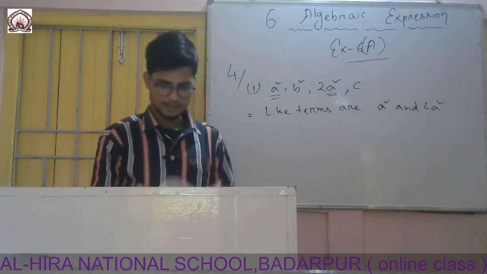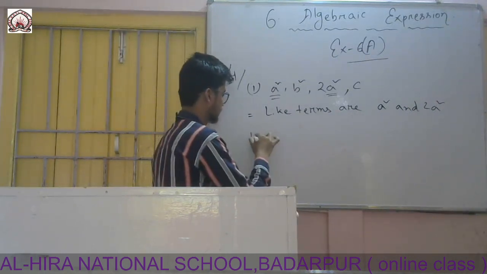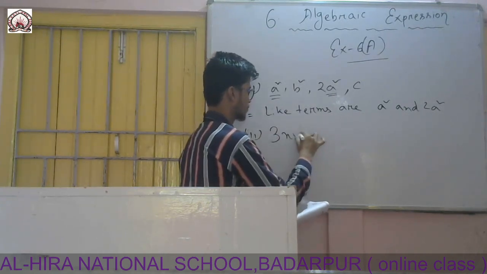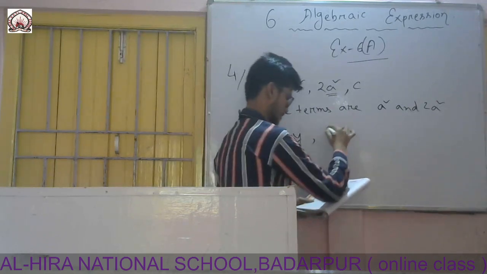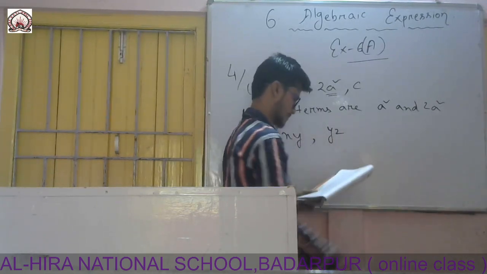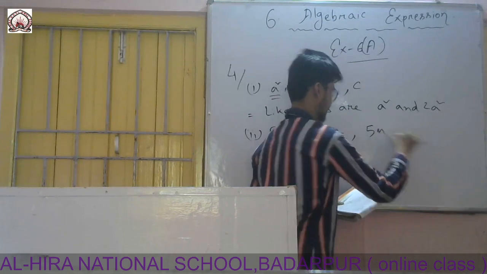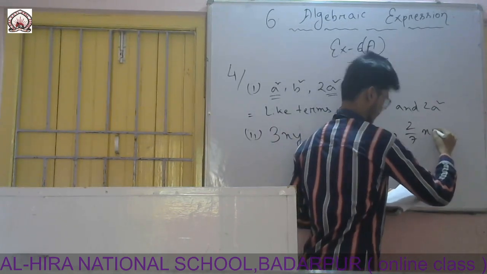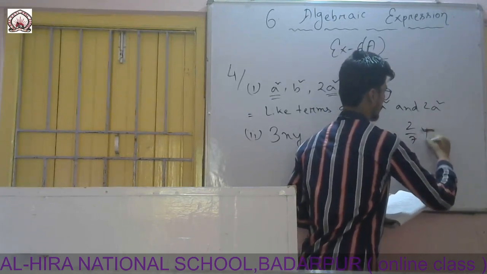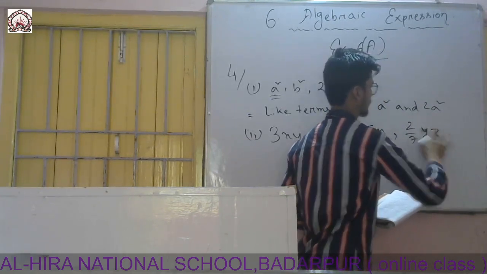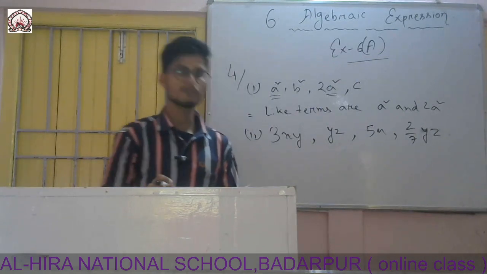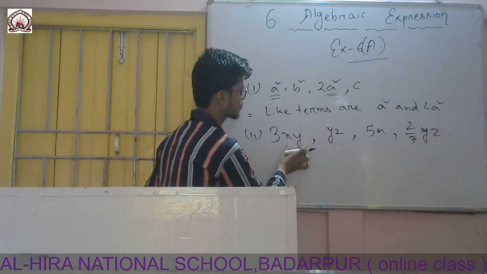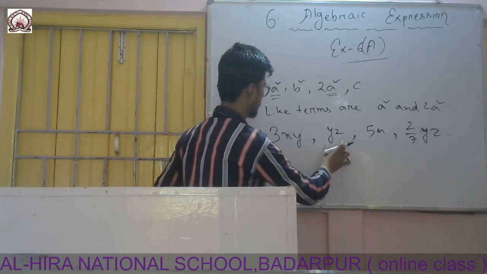So for next one, Roman 2. Question is 3xy and another one is yz, another one is 5x, and last one 2 by 7 x yz. So from these terms I have to find out which one is the like term. So see, xy, it is yz, not matching.